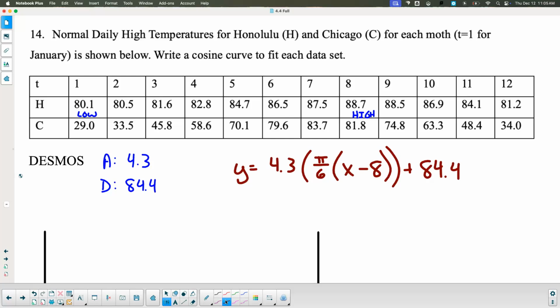I would also accept negative 4.3 cosine of pi over 6 times x minus 1 plus 84.4, if you started it at the low.